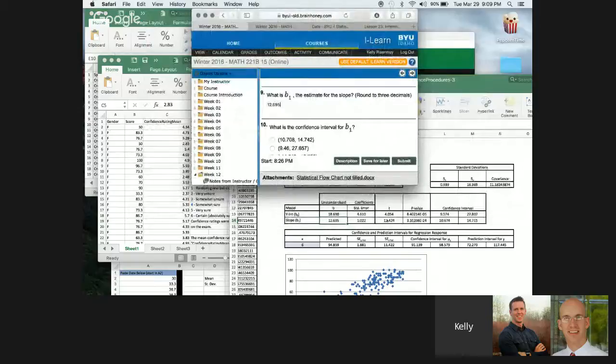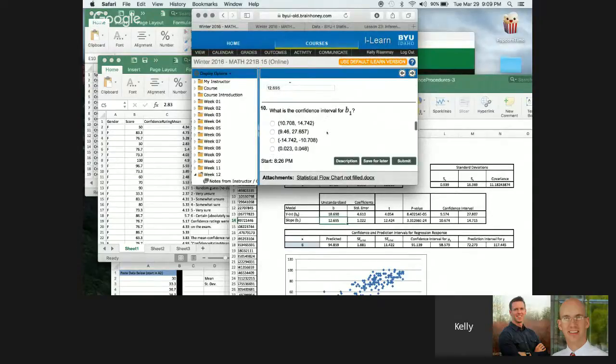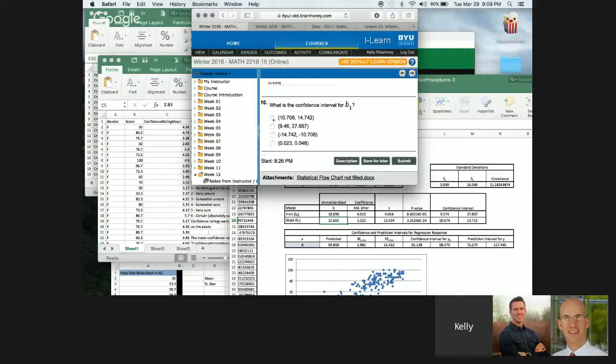Oh, yeah, 10.67 and 14.715. I wonder why it's a tad bit off. That's odd. So close. Hopefully A, because of how close they are.